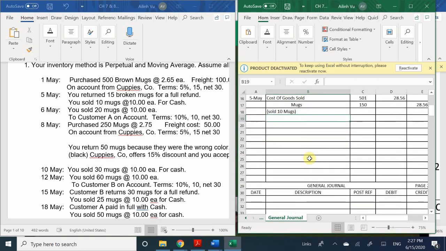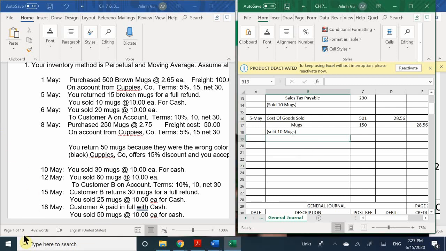Okay. So now that we completed this transaction to its final, and we also recorded the cost of goods sold, what is next? 6th of May, you sold 20 mugs at $10 each to customer on account with terms 10 at 30.